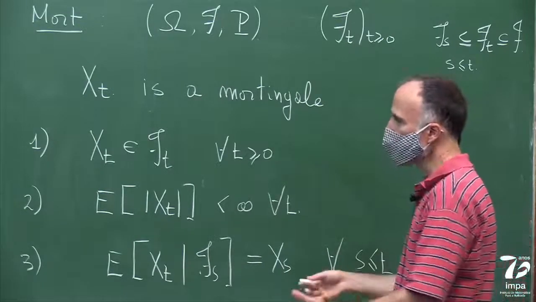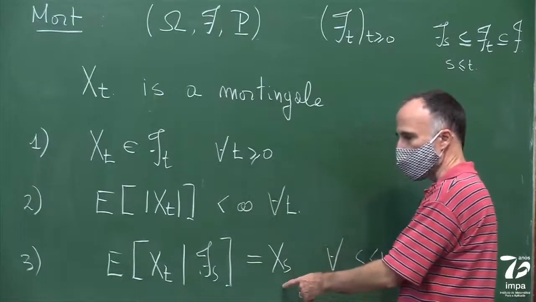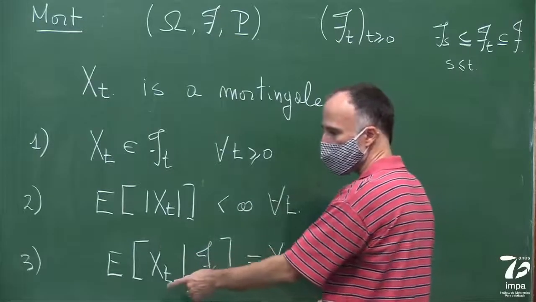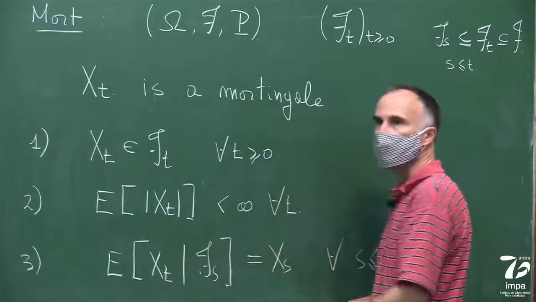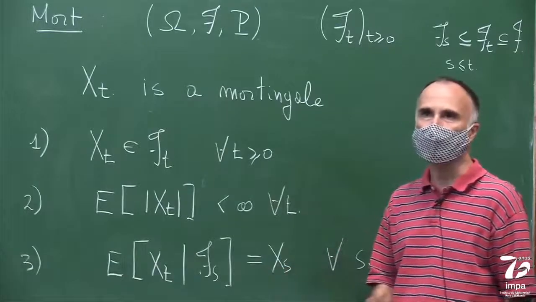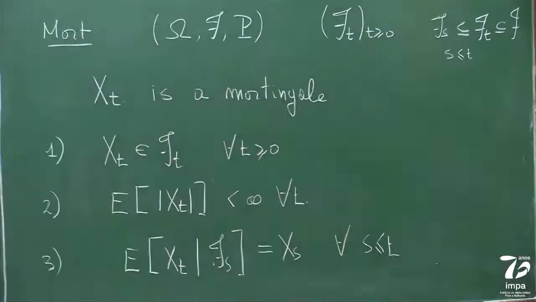Okay, so in some sense, it's a fair game. If you have a certain amount at X_s, the average amount at time t, given everything which happened up to time s, is the amount you have at time s. So it's a fair game. Okay. So this is the definition of the martingale.